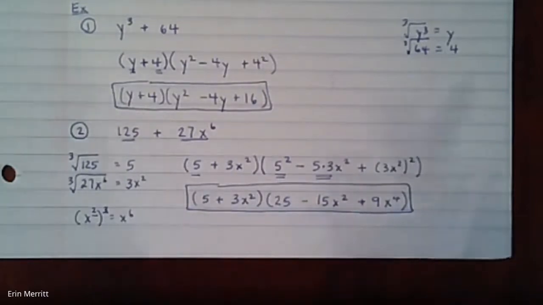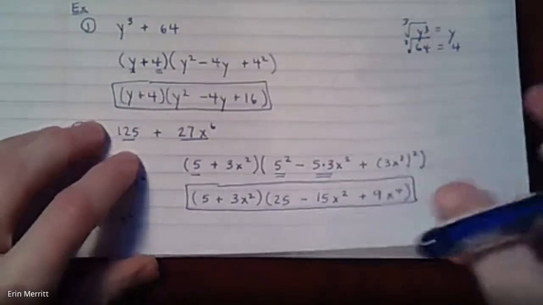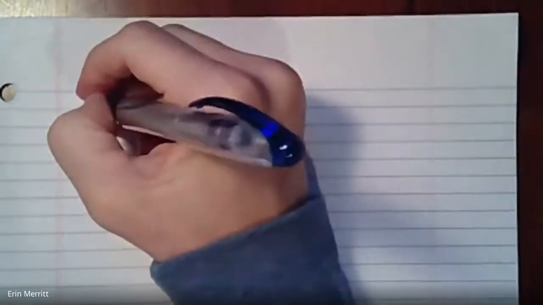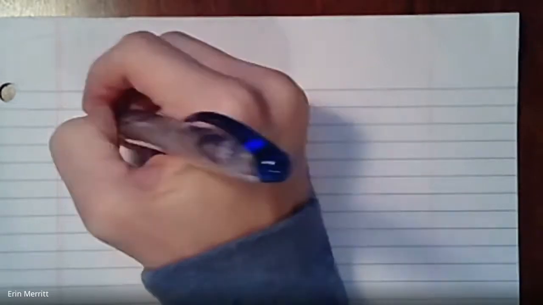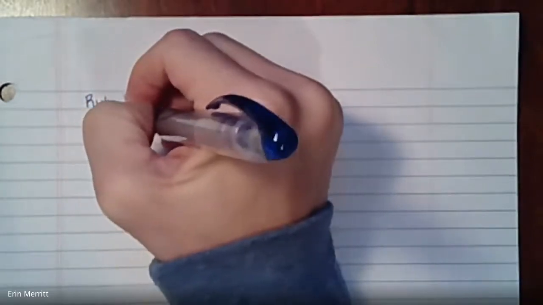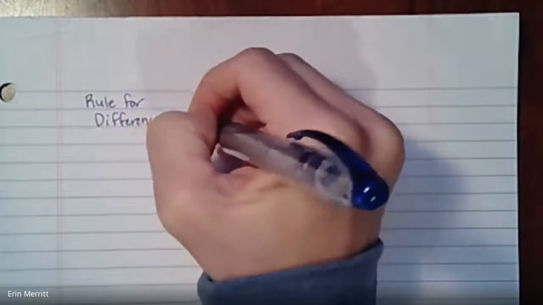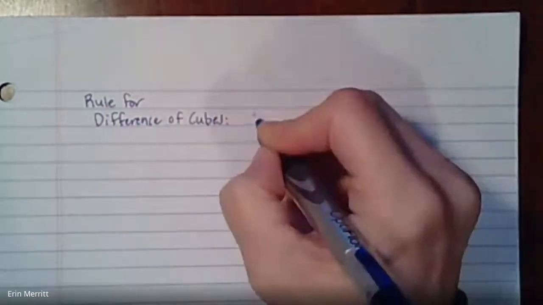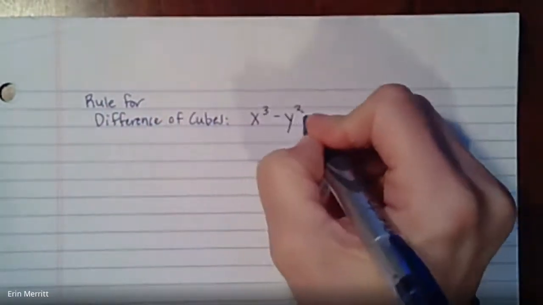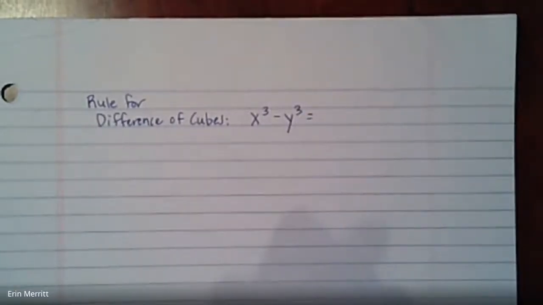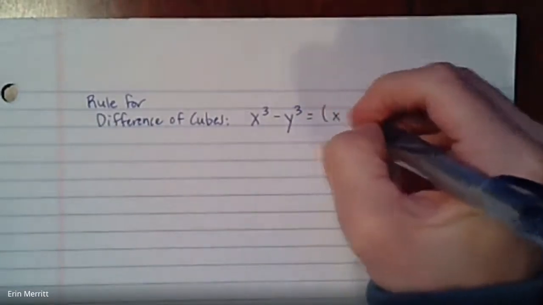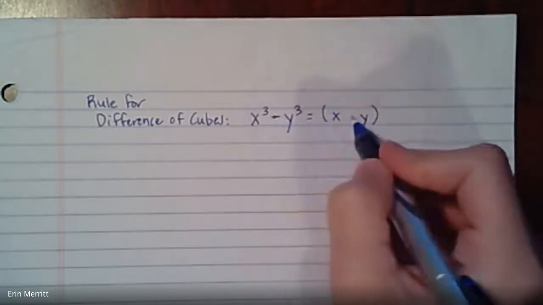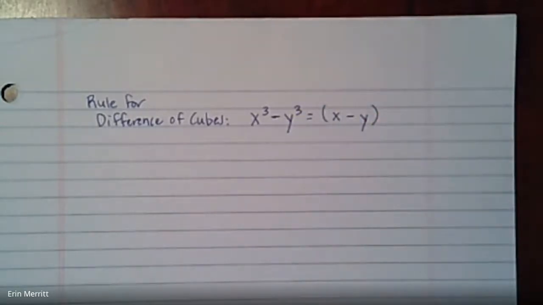All right, let's talk about one last thing, and that is the difference of cubes. The good thing is, once you learn that little system, you only have to make one tiny adjustment for the difference of cubes. So if I give you x cubed minus y cubed, I'd still take the cube root of each part, which would be the x and the y. Because it's minus, the first parenthesis is going to carry that same minus.